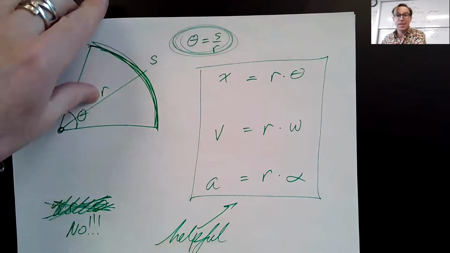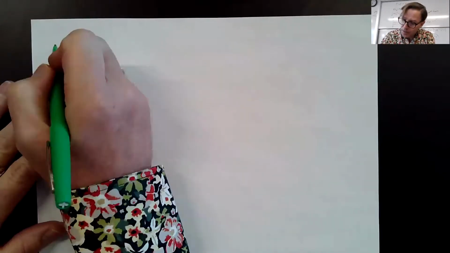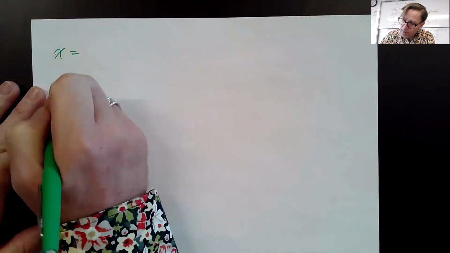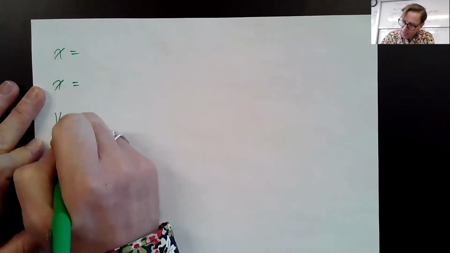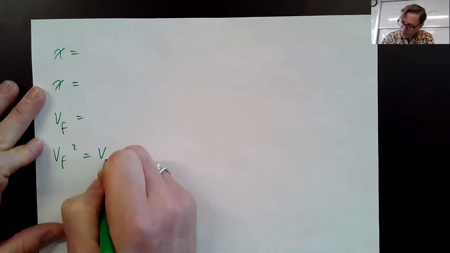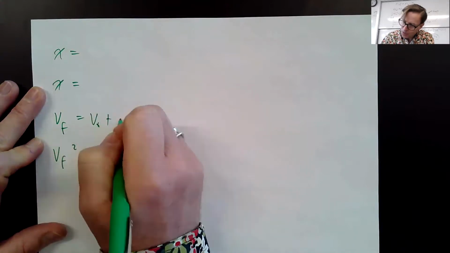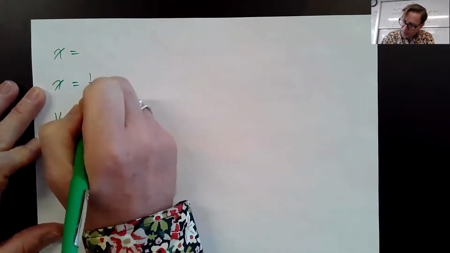Another set of helpful equations, and this is the last thing I'm going to say, is the kinematic equations. Remember that two of our kinematic equations started with x and two started with v final. And I'm just writing them really quickly here.